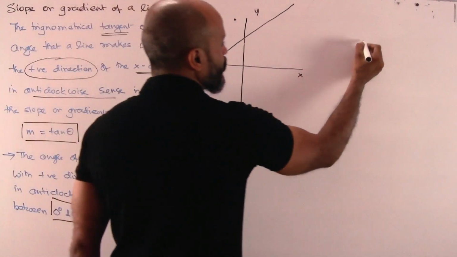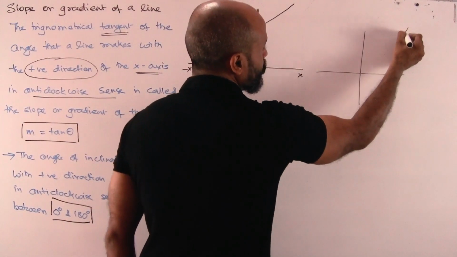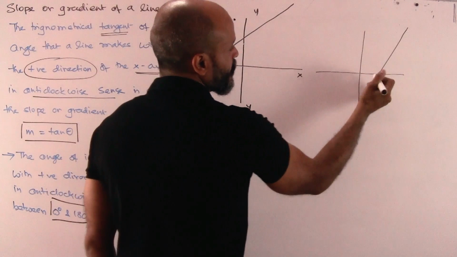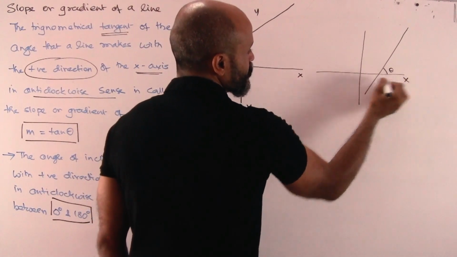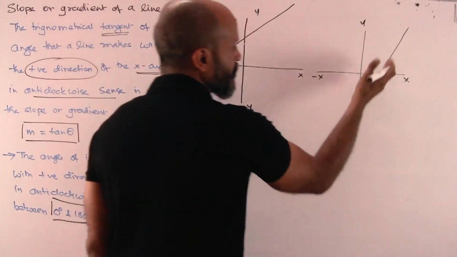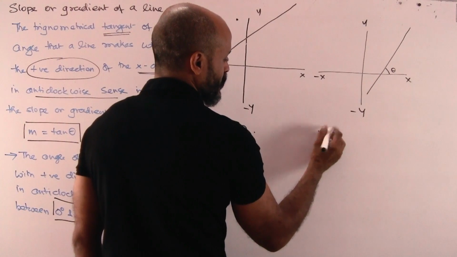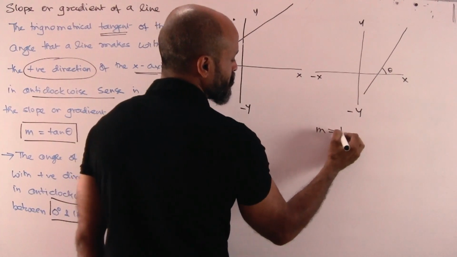Let's say we have another line which is passing like this. This is very much self-explanatory. This is positive x, this is minus x, this is positive y, and this is negative y. So, obviously, this is the theta that the angle makes. So, m will again be equal to tan theta.